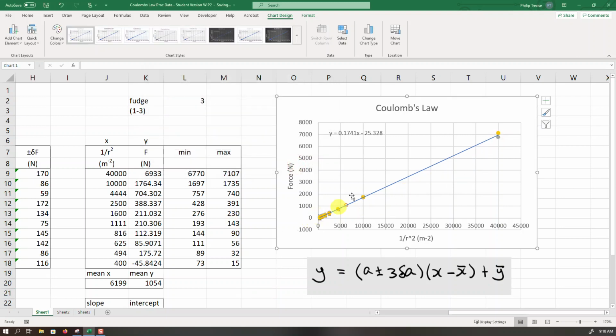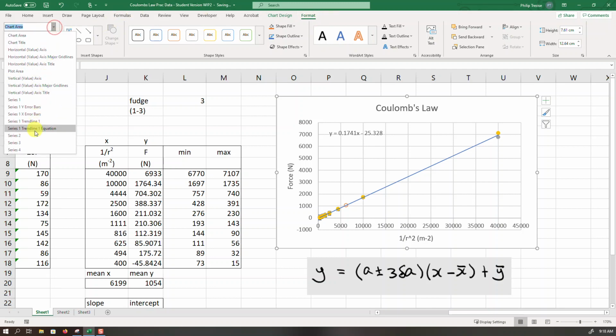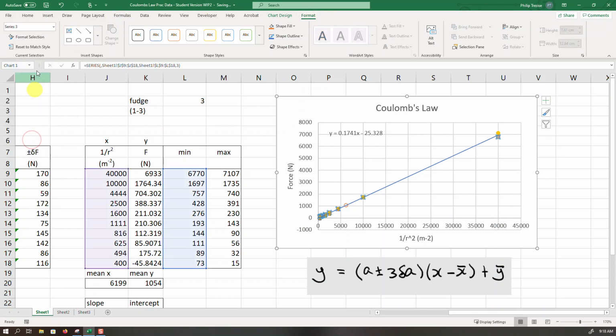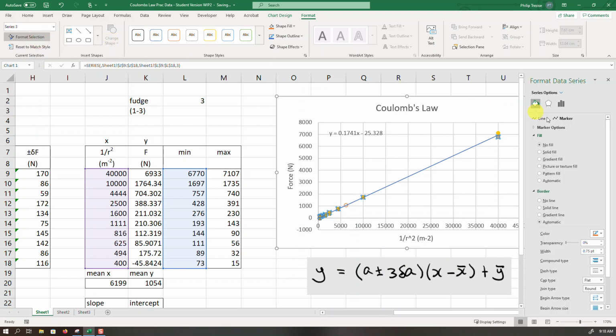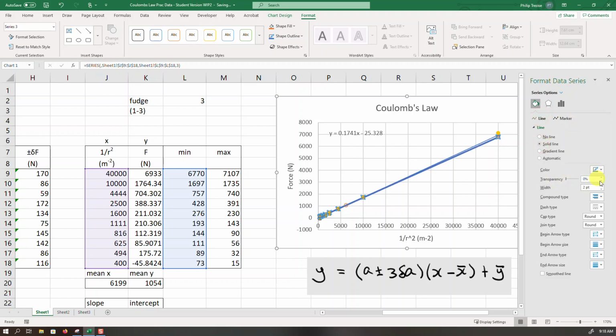You can see we've got these orange and grey dots appearing. I don't want the appearance of them to be like that. So I'll go up to Format, I will go to series 3, and then I'll format that selection. Once again, I'm on appearances here. For lines, let's have a solid line. Let's make it a lot thinner than that, like 1 point, and we might even make this one a dotted line. That's looking good.